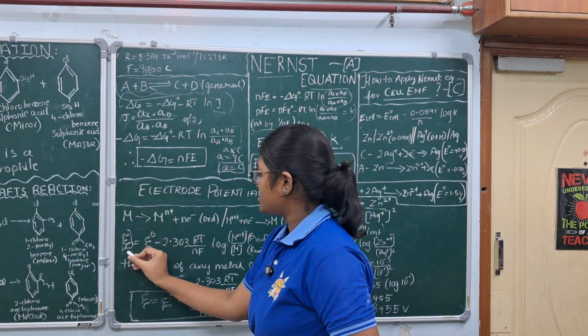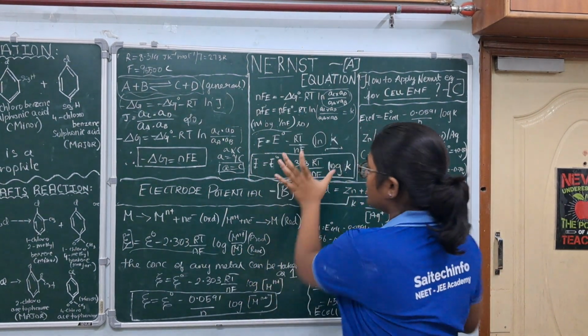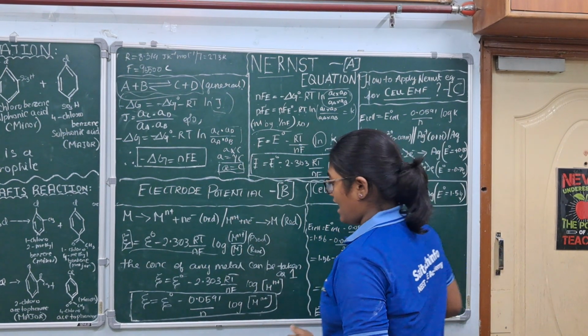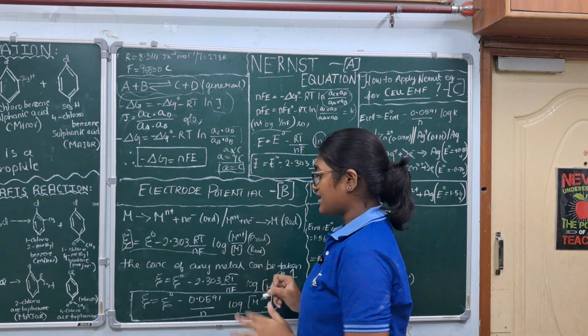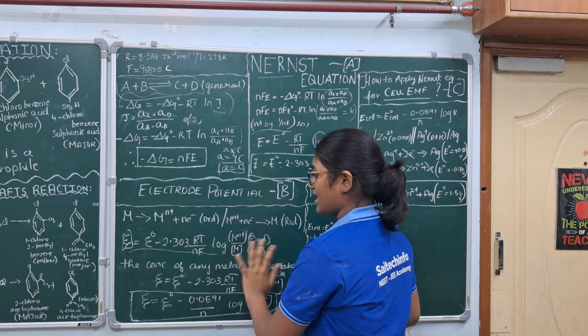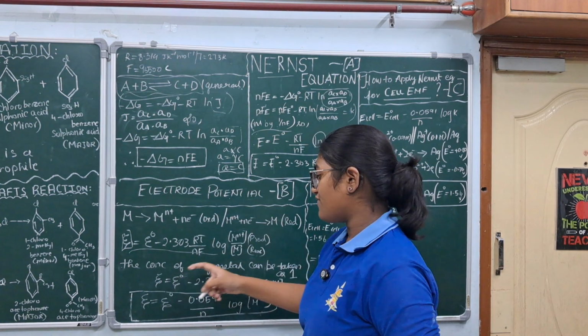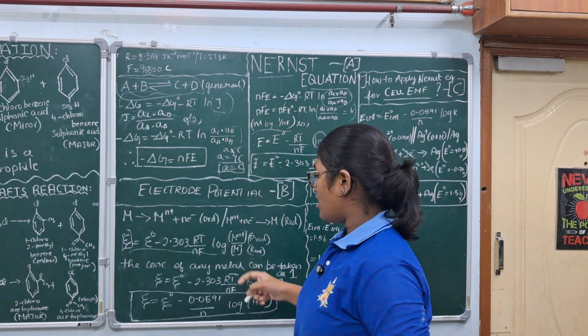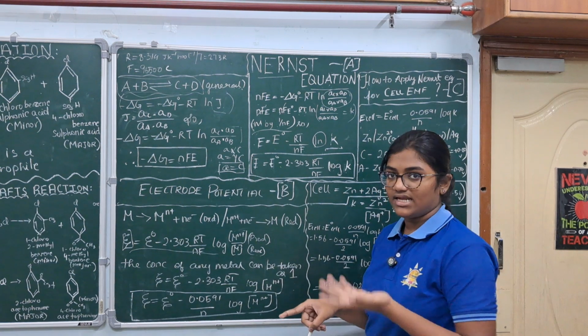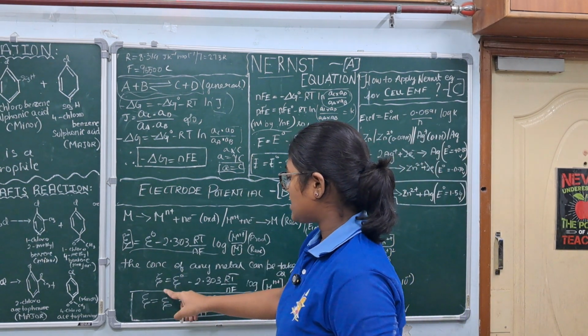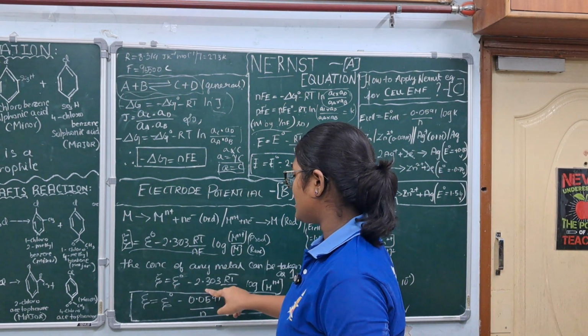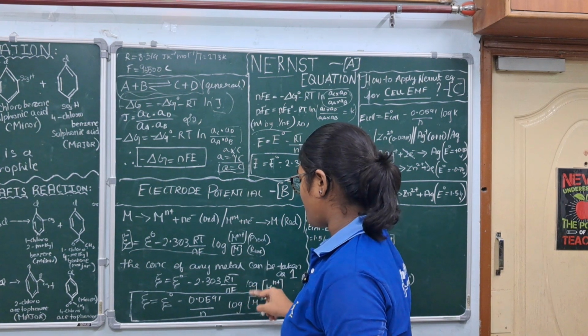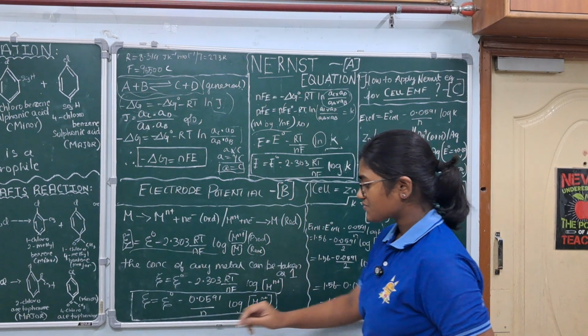We are substituting all those values into the Nernst equation, with product and reactant M n plus and M. The concentration of any metal can be taken as 1, so M is not considered. E is equal to E naught minus 2.303 RT by nF log M n plus.